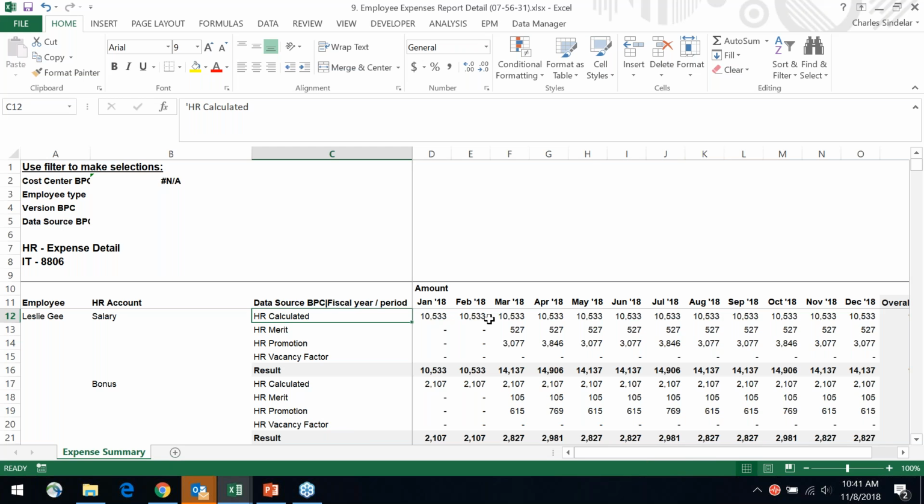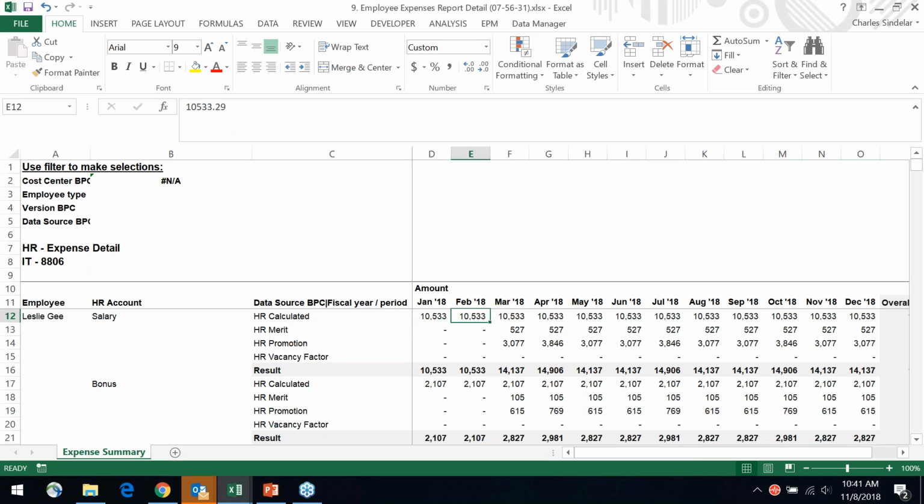Okay, so how did this all work out? We can see here an employee who was already in the system, but what I've shown here is a very granular example of what you can do with AO, because we're booking things in by data source. So I've pivoted the report to look at this by data source.